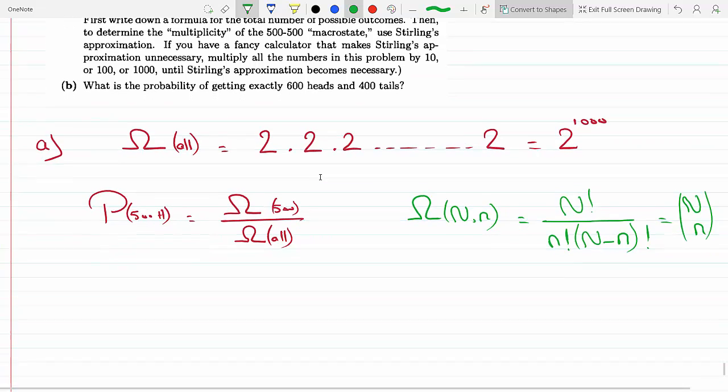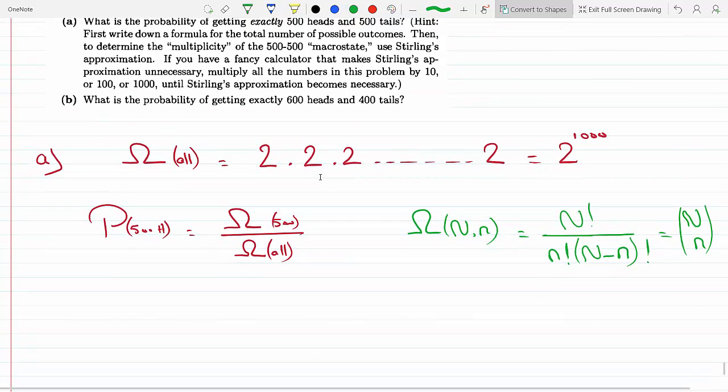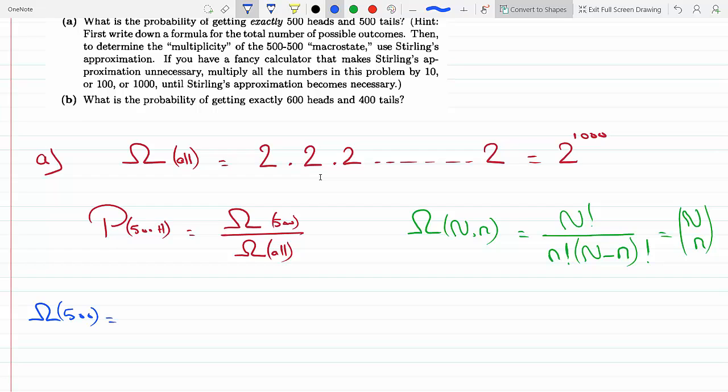Okay, so in this case I have 1,000 and I'm choosing 500, so capital N is 1,000, small n is 500, so just fill into the formula.